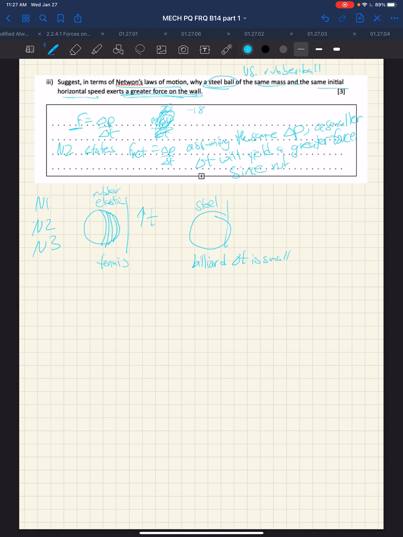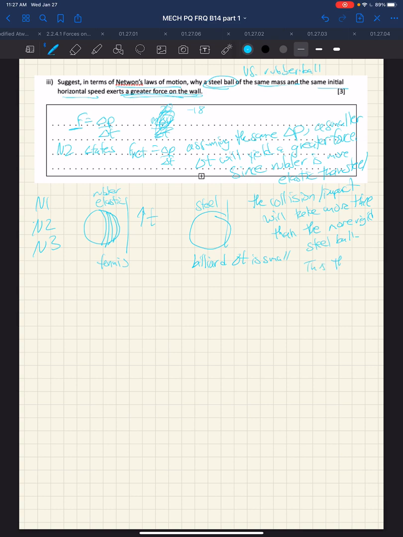Since rubber is more elastic than steel, the collision or impact will take more time than the more rigid steel ball.